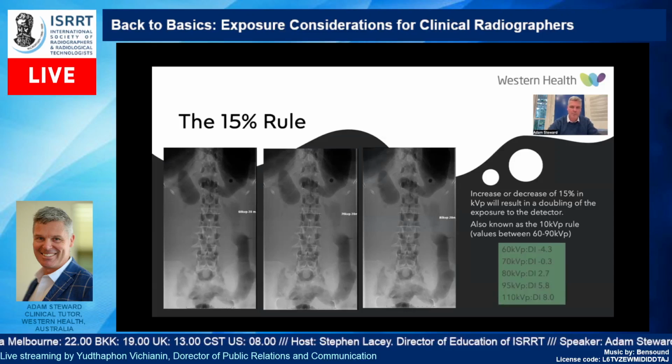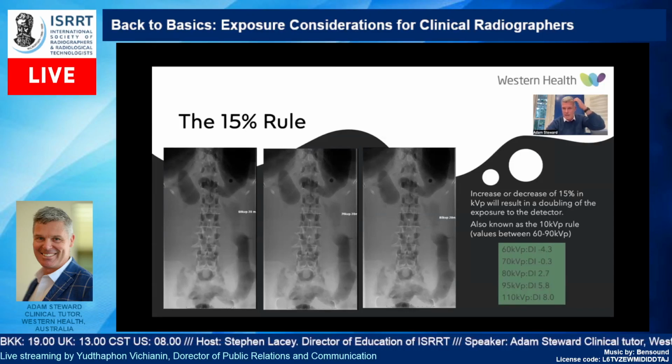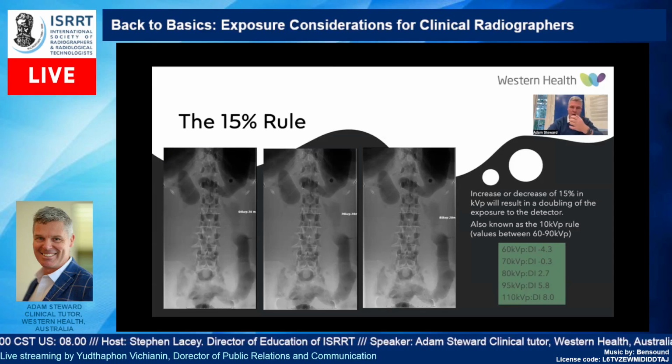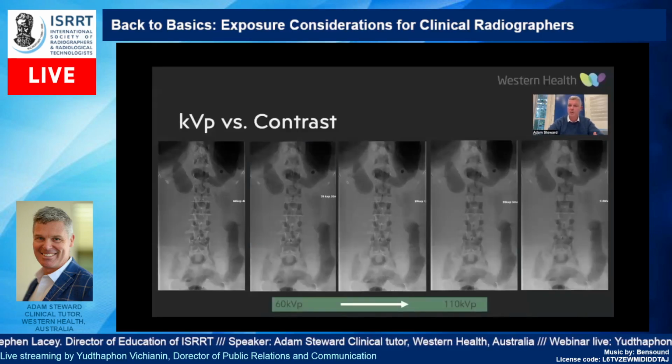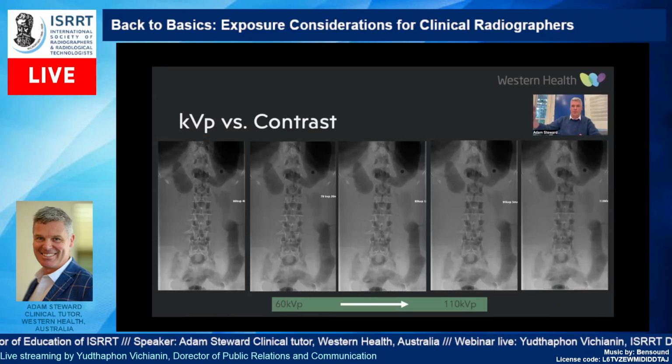But if you look at the 15% rule, you can see that largely they move in pretty close to three DI increments, okay? So the 15% rule we found largely held and was mostly true for digital systems. So you can still use that 15% rule. If you increase the KVP by 15%, it will double your signal and double the exposure to the detector.